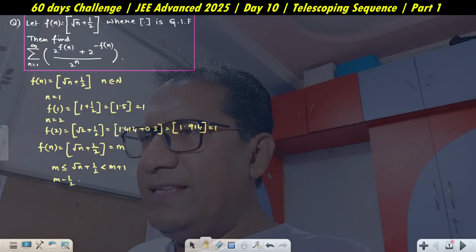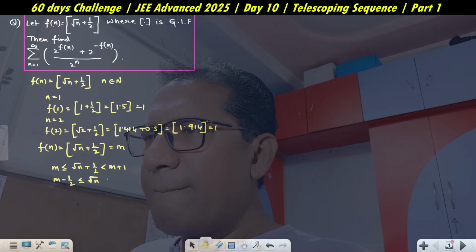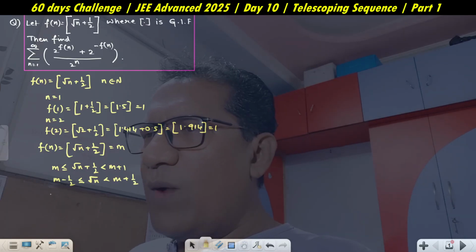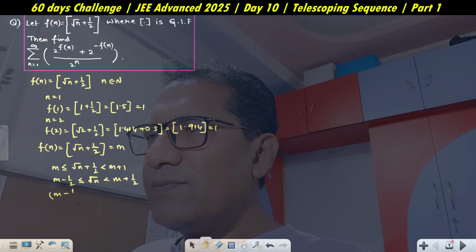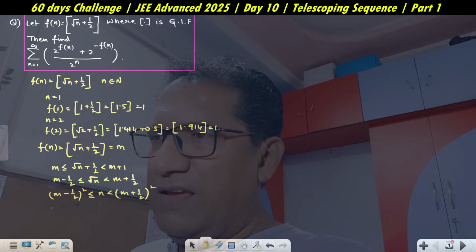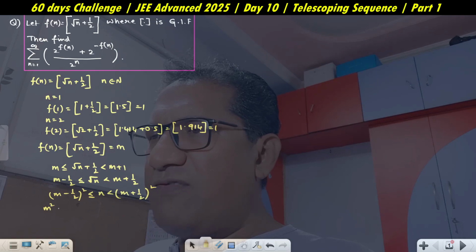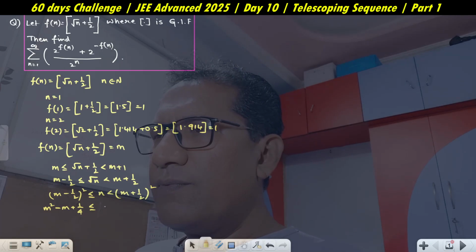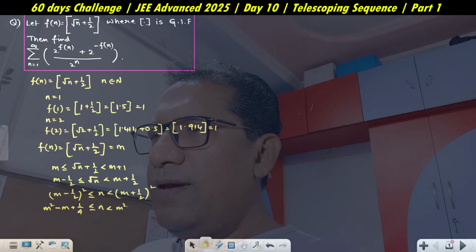So we can write in this way. Let me square both sides. So if I break it, what we are going to have is m square minus m plus 1 over 4, up to m square plus m plus 1 over 4.